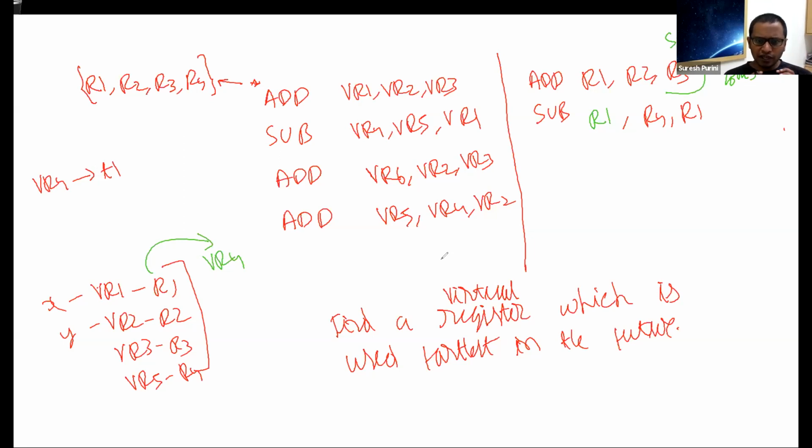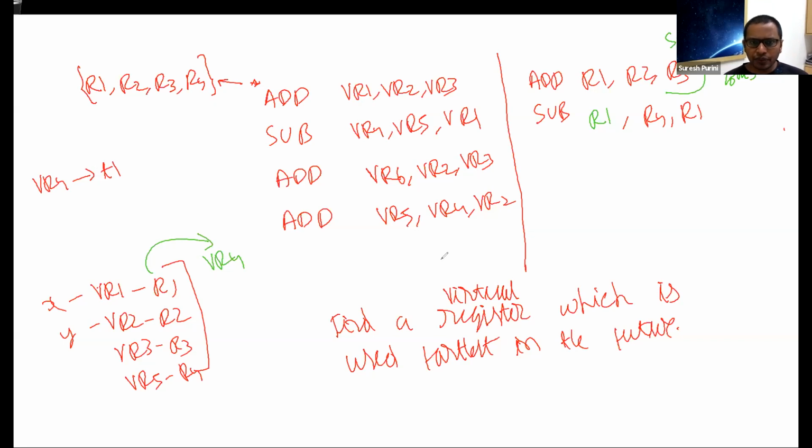So the idea is very simple. If there are free registers available, you use those free registers, mapping them to virtual registers. But if there are no free registers available, pick a virtual register which is used farthest in the future, spill it to memory, and reuse that register, mapping it to the current virtual register which is demanding a physical register.